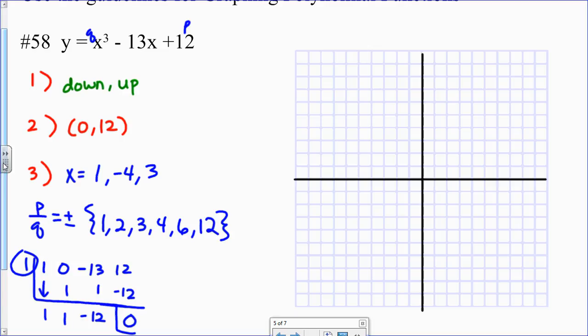So let's graph what we have. I think I will still count by 2's on the y. Okay, down, up. All of these have a multiplicity of just 1, so I go straight through all of those.